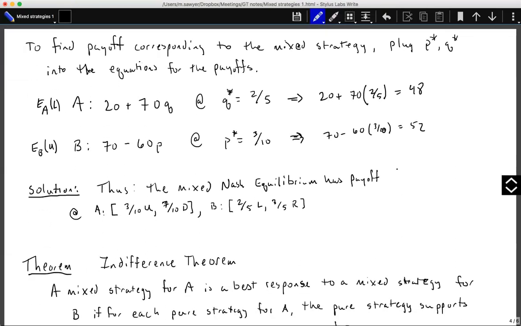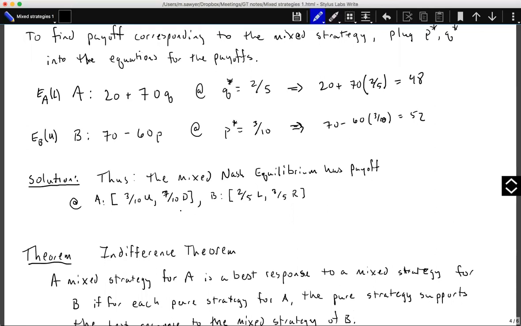So at this particular point, if A chooses to play 3/10 up, 7/10 down, and B chooses 2/5 left and 3/5 right, then the expected payoff is 48, 52. So the players can expect that this is the mixed Nash equilibrium point.